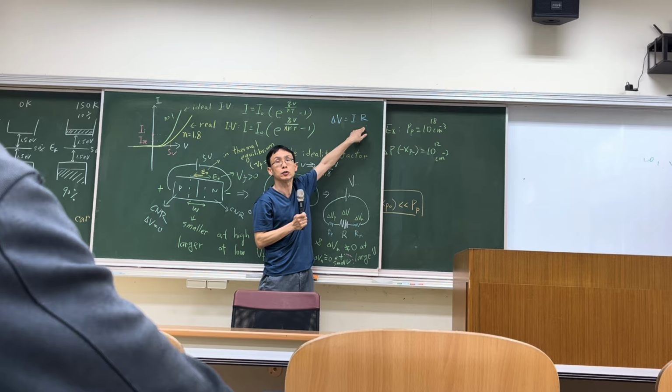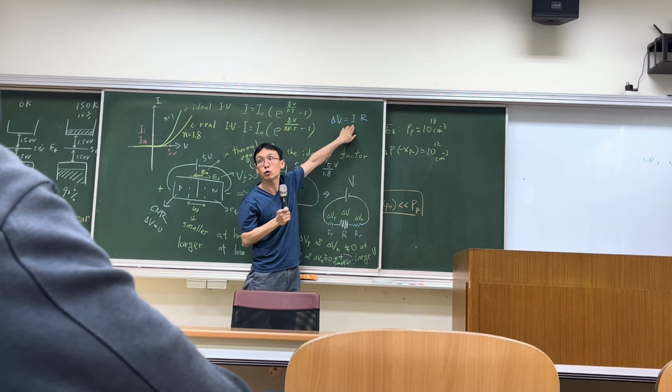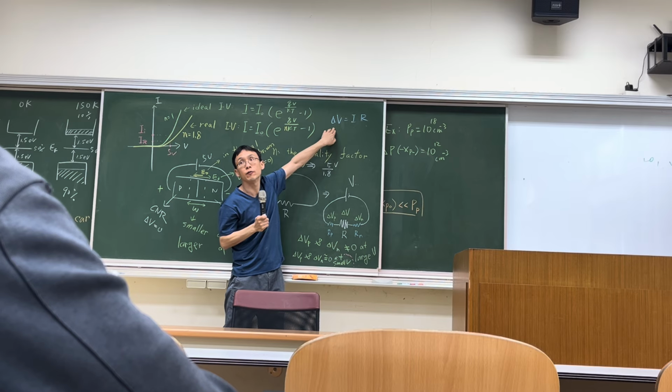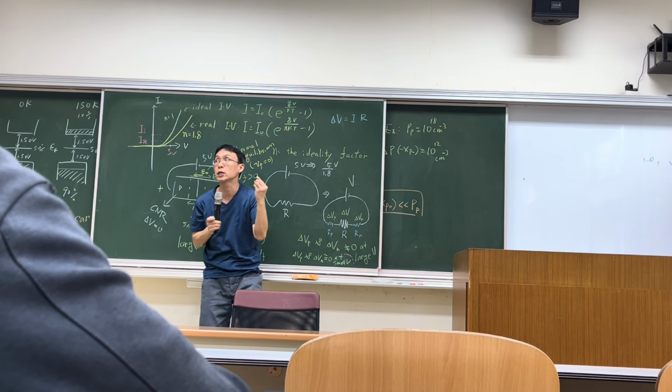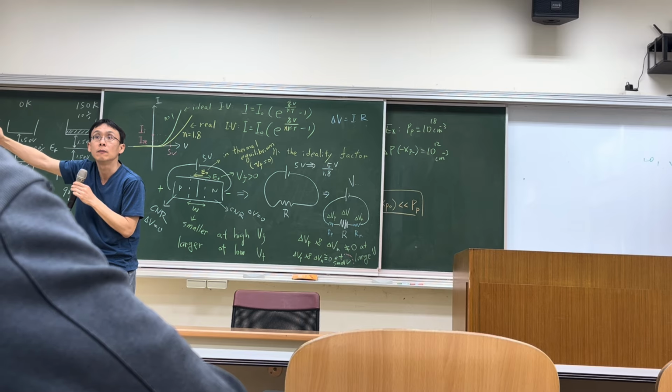If your R is small, which is the case here, and your I is also small, then your delta V is small, which is the case at a low bias.